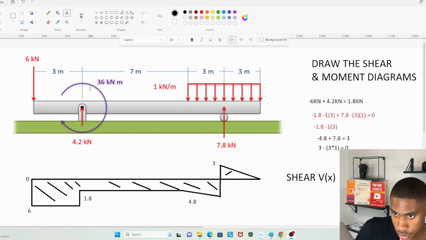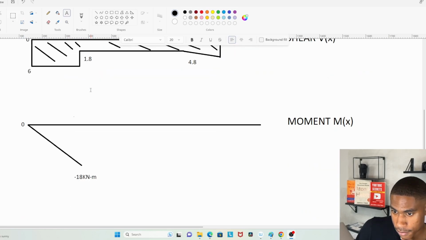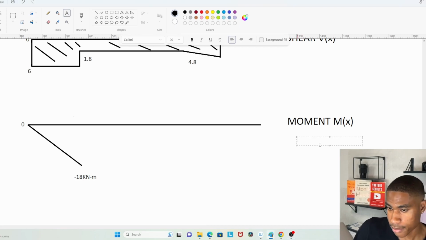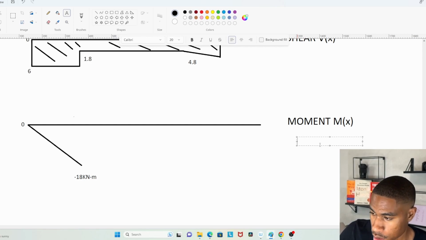So we're going to have a jump up. So I'll just make sure that my work makes sense. So I did 6 kilonewtons times 3 meters to get my first one, which gave me 18 kilonewton meters.